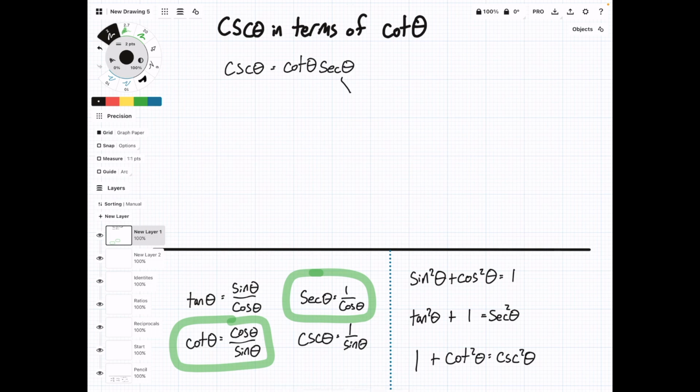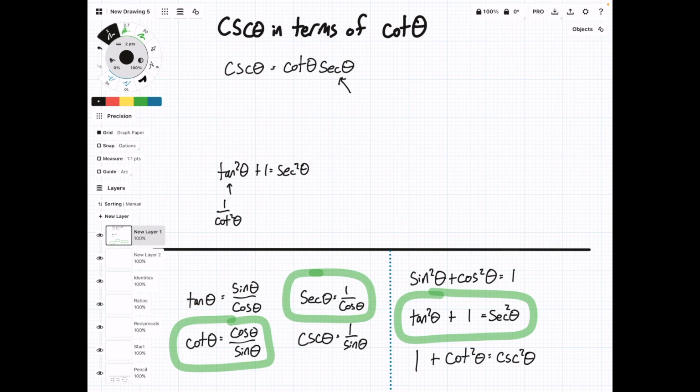Now what we want is secant theta in terms of cotangent. To do that, we're going to use first this formula here. So tan squared theta plus 1 equals secant squared theta. And then we're going to rewrite tangent here as 1 over cotangent squared theta plus 1 equals secant squared theta.